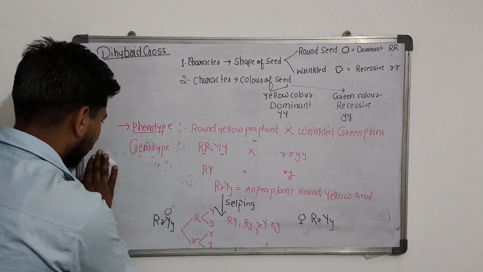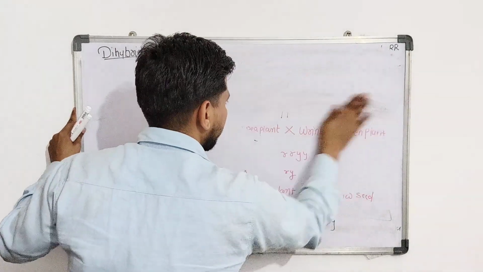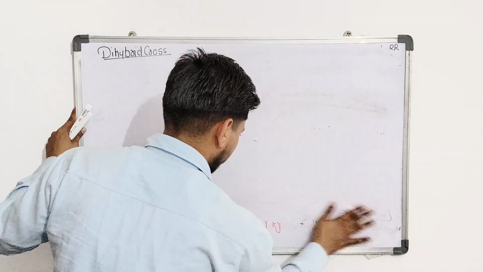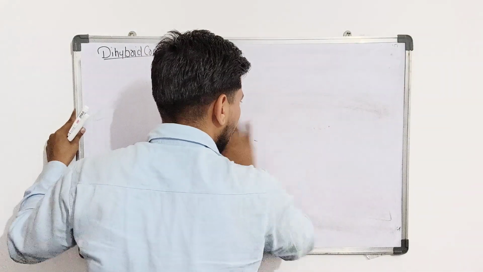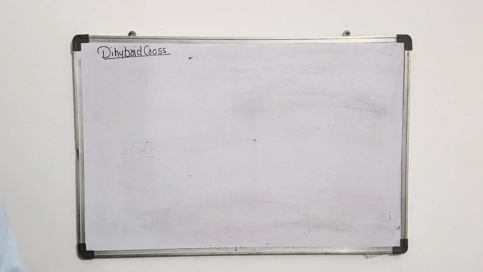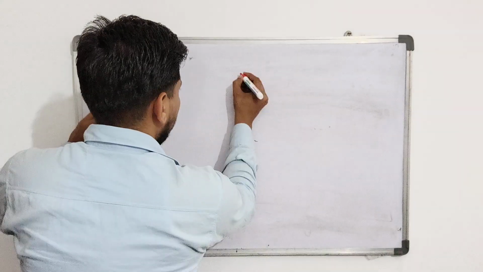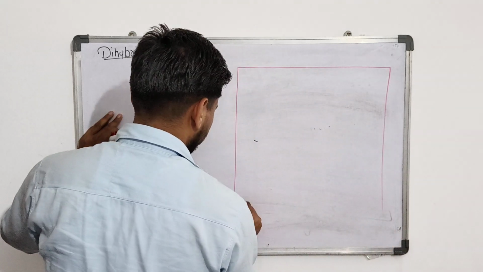चलिए, we move. What is the result, and how did Mendel get the result of F2 progeny by selfing? So we will have to prepare a 16 box square.